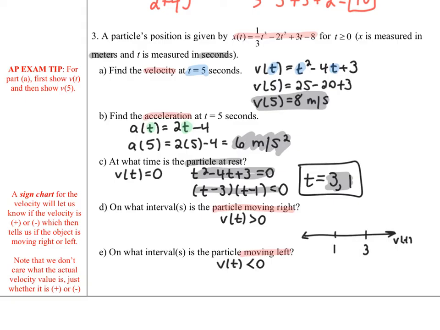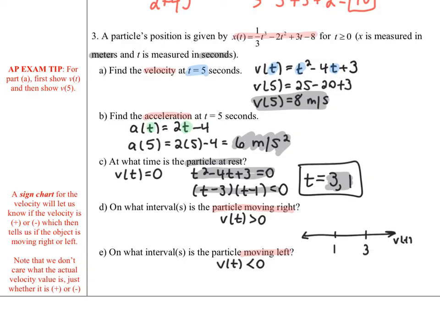And I'm doing the sign chart for velocity because it's velocity that I need to know the sign of, which in turn will tell me these intervals where my particle is moving right and moving left. So the idea is to pick a number on each of these intervals. So I'm going to pick a number that's less than 1, and I'm going to plug it into my velocity and see if I get a positive or negative on that interval.